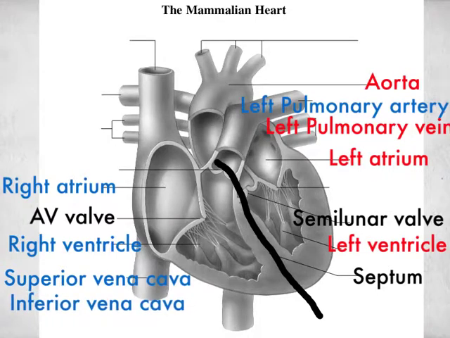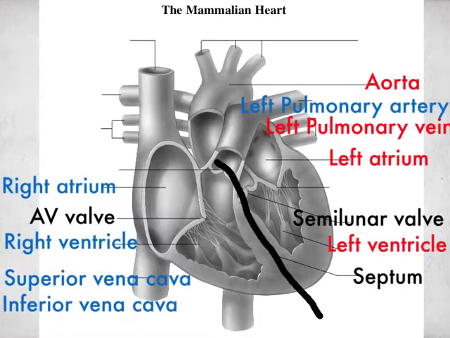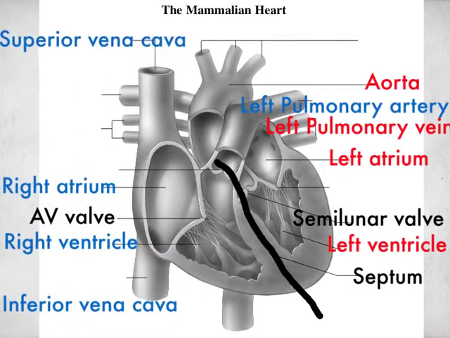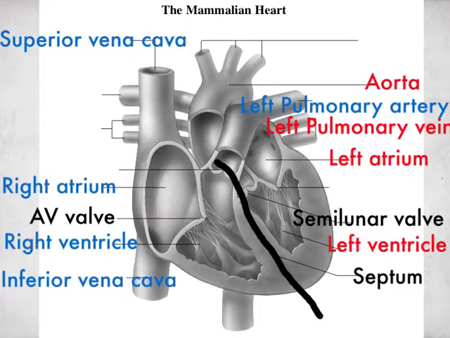Right here, at the bottom, we have the inferior vena cava, and up here at the top, we have the superior vena cava. So here's the inferior vena cava for this line right here, and here's the superior vena cava right here.